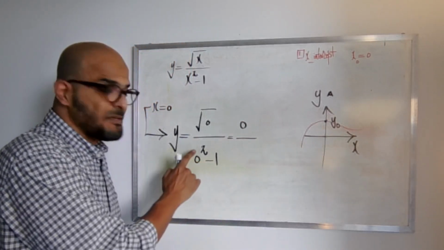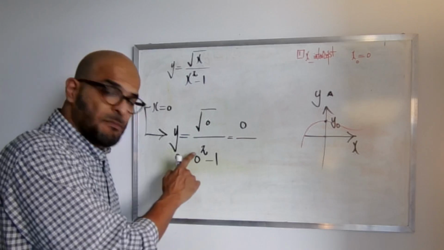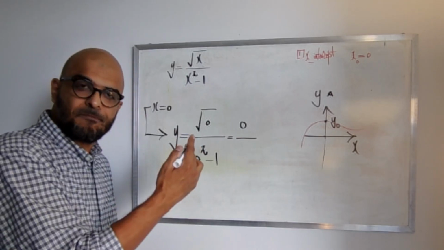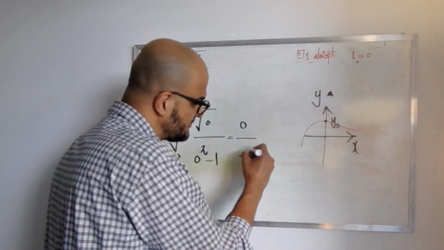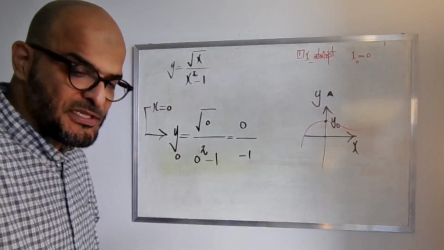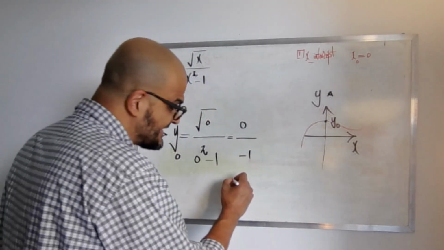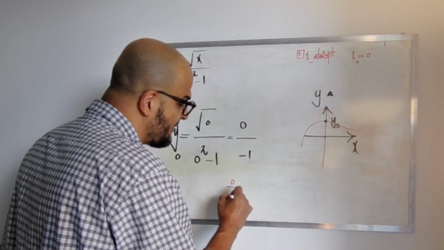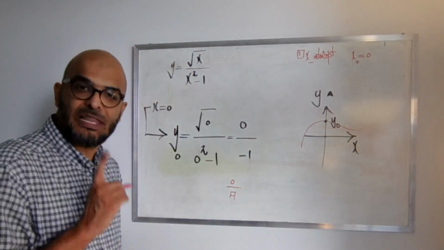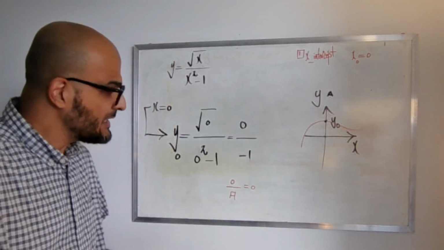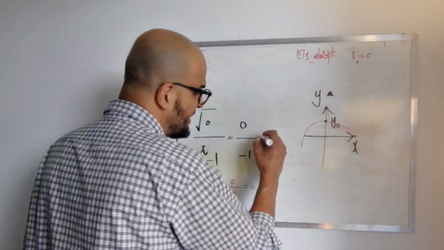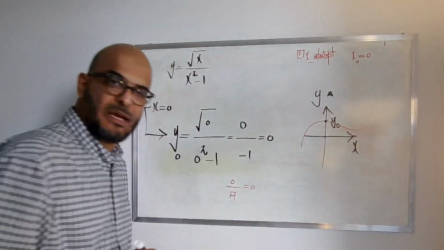Square root of 0 to the power 2 becomes 0. 0 minus 1 becomes minus 1. Then here we have a very important identity that 0 over any number, which I'll call a, becomes necessarily 0. As a result, this expression vanishes to become 0.